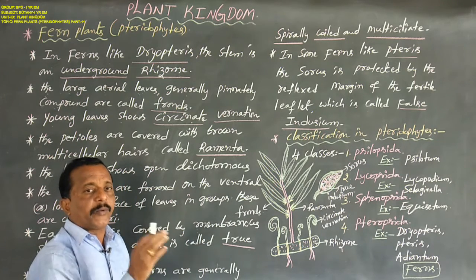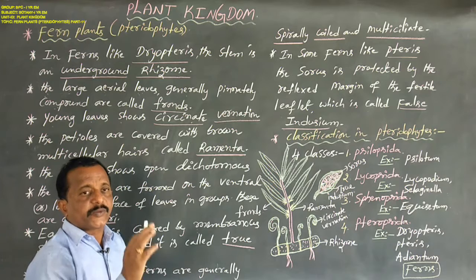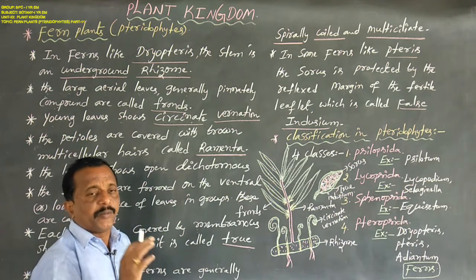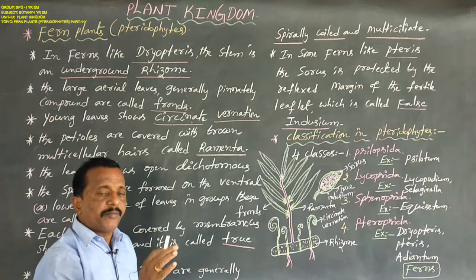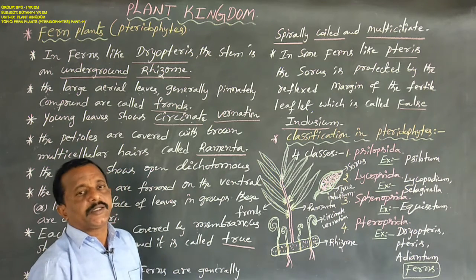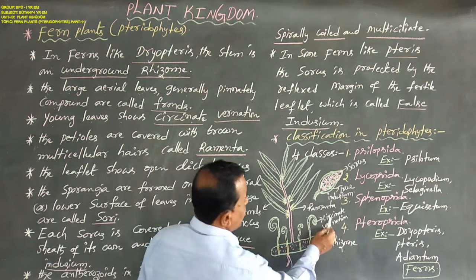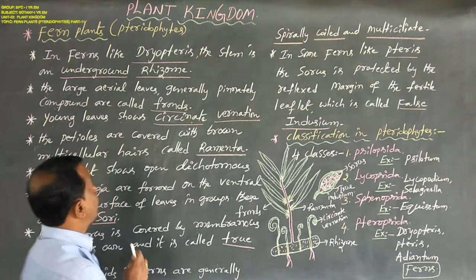In all fern plants, young leaves especially show circinate vernation.